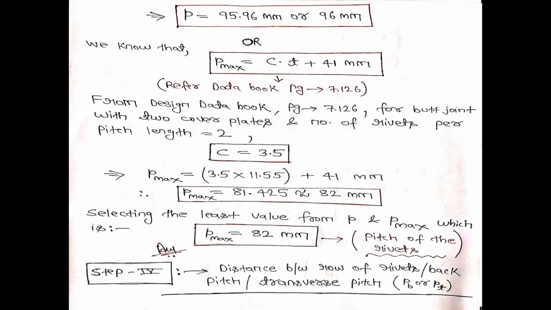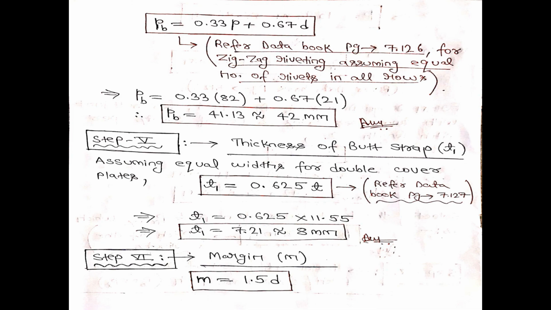What was the fourth step? The fourth step is you have to calculate the distance between rows of rivets, or back pitch or transverse pitch. For that again I have to use an equation, and that equation I can get from the design data book.